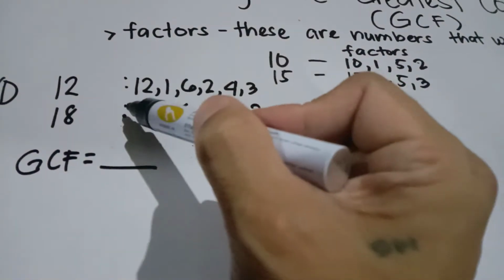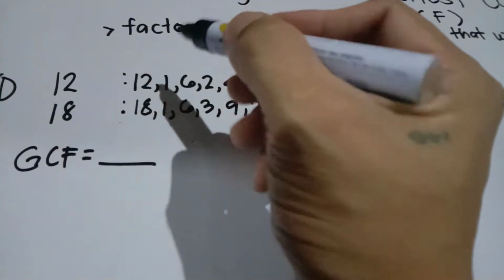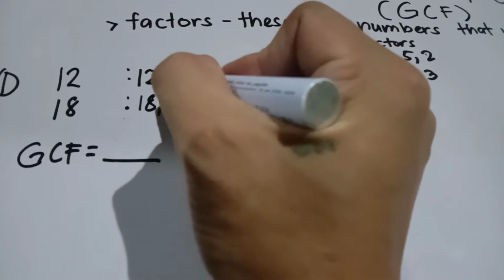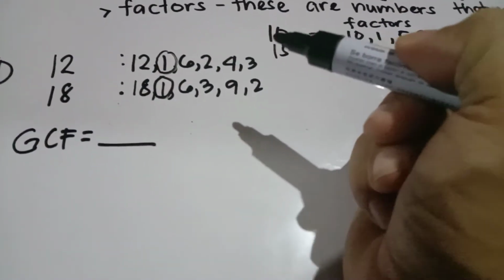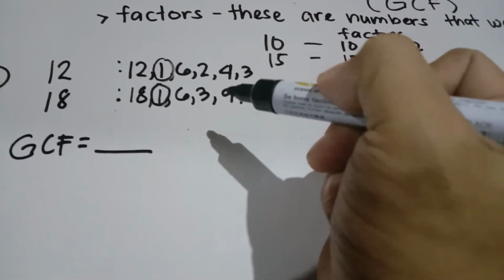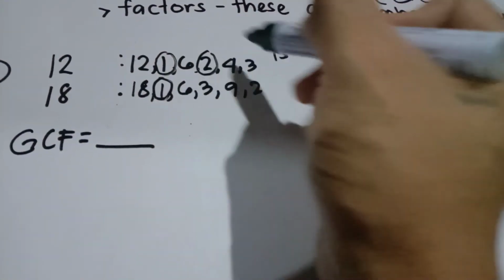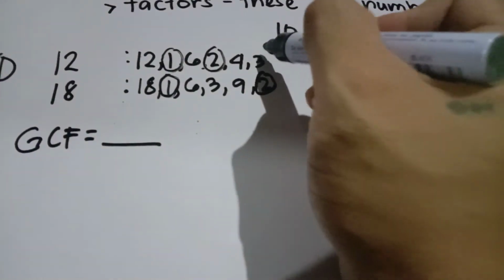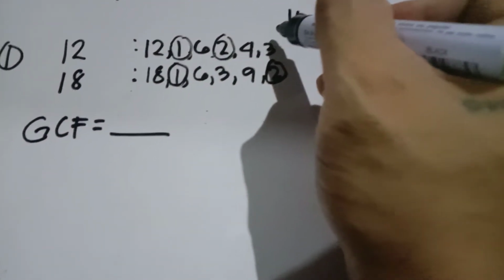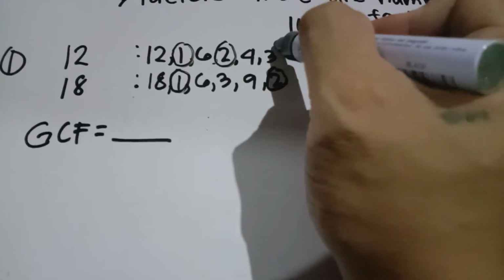Example, 1 is a common factor. What else? 2 is a common factor. Another one, 3 is a common factor also.